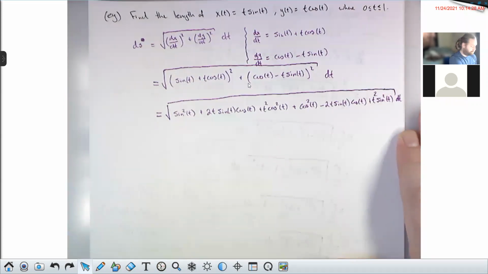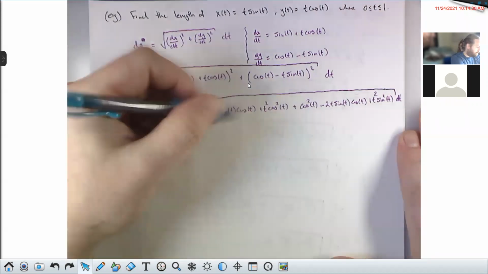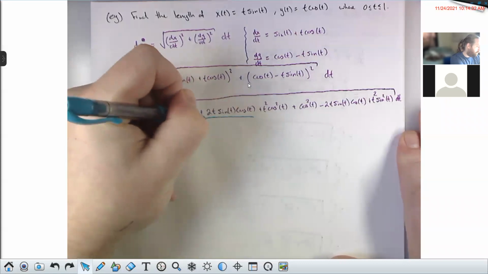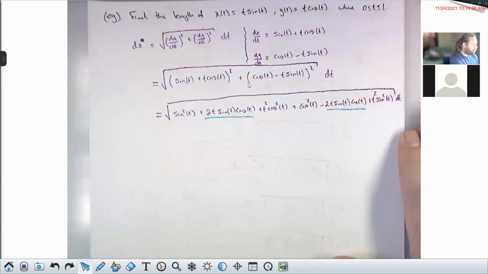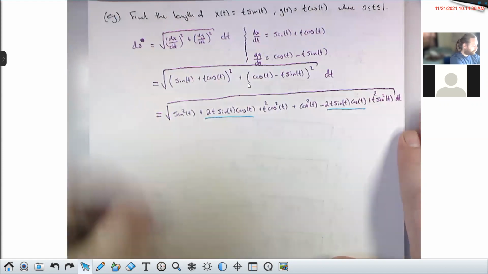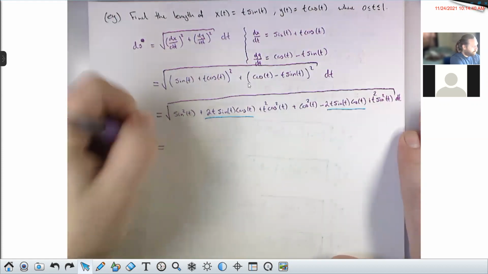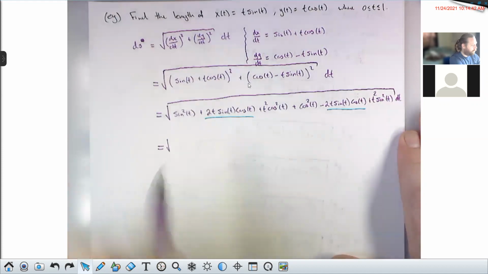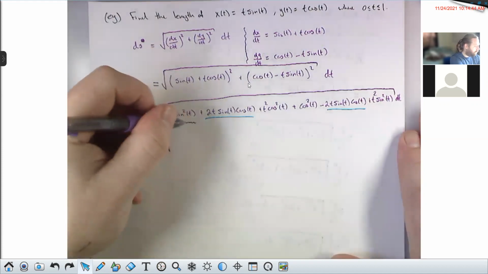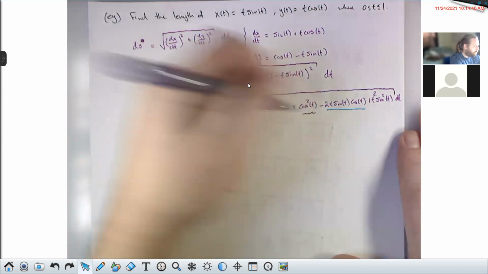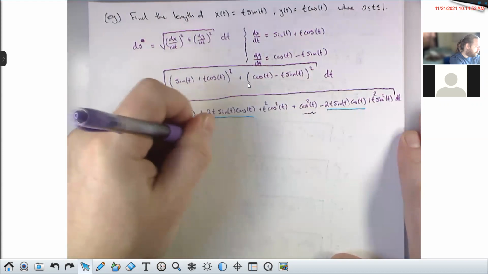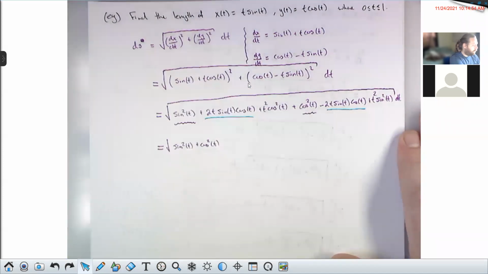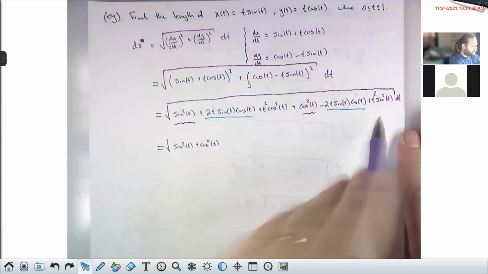Pretty nasty. I've got plus 2t sine t cos t minus 2t sine t cos t, which cancel. Let's put other terms together like sine squared t and cos squared t. And then I've got t squared cos squared plus t squared sine squared.